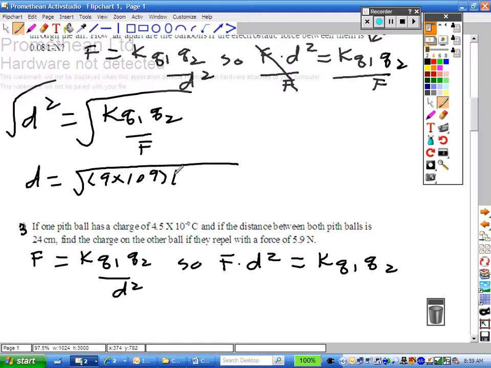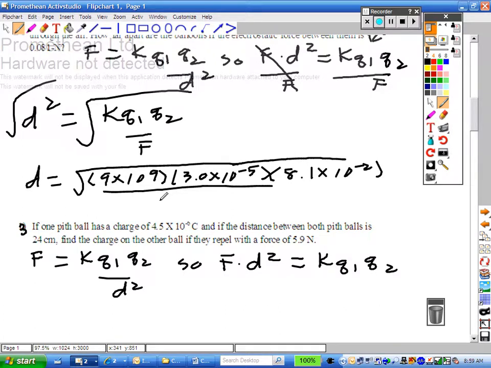Q1, which is 3.0 times 10 to the minus 5. Q2, which is 8.1 times 10 to the minus 2, divided by the force.